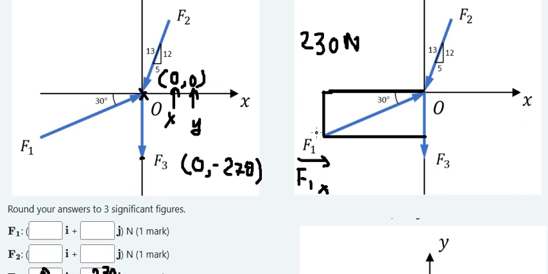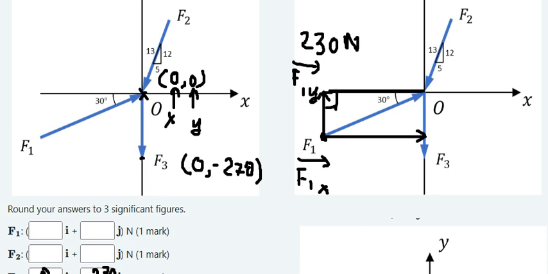So we need to find the point of this location in here. This is for F1y. That is for this vector in here. F1x, that is for this vector in here. So we know that this is about 30 degrees, and this one we have 230 Newtons.